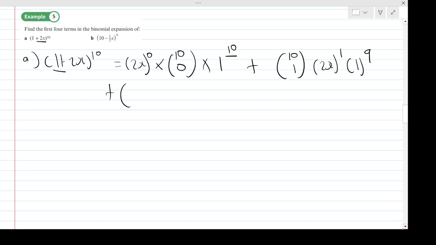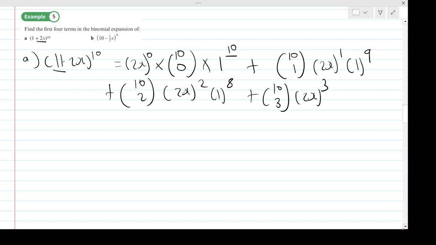Then the next term will be 10 choose 2, which would mean the 2x would be a power of 2. Then the 1 would be a power of 8. And then 10 choose 3 for the next term. Then the 2x would be a power of 3 now. Then the corresponding power of 1 would be 7. And that's 4 different terms, right?